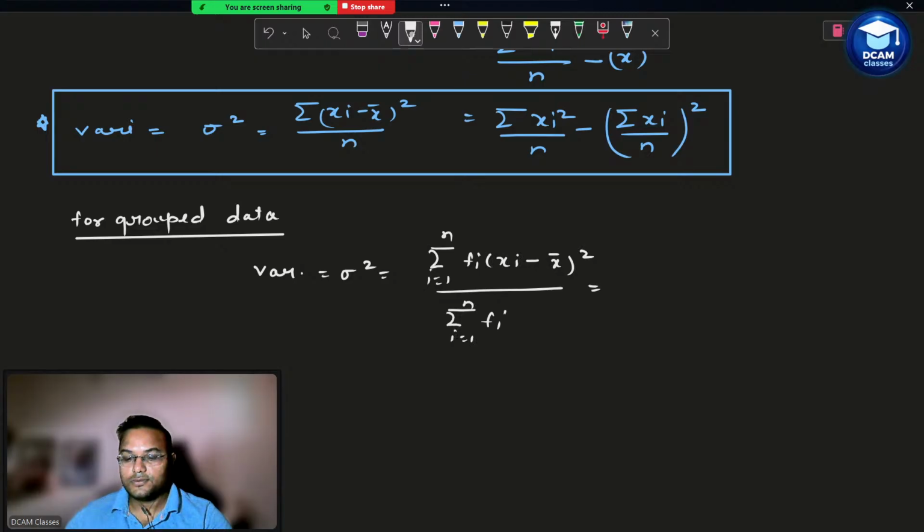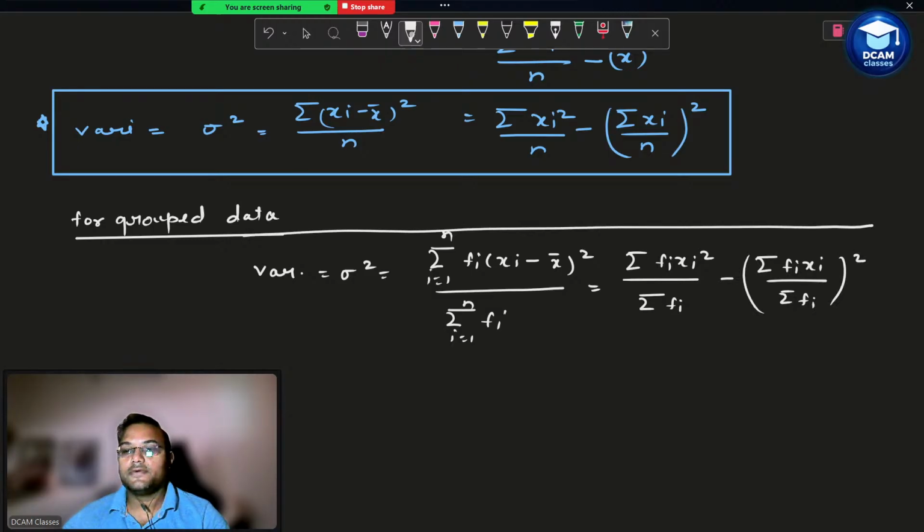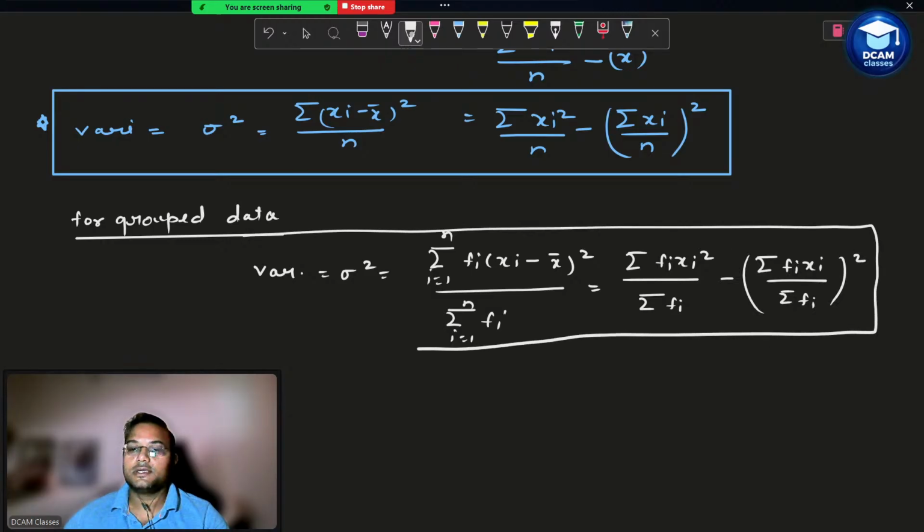The other way is sigma fi xi square by sigma fi minus (sigma fi xi by sigma fi) whole square. This is for the data when frequencies are given.